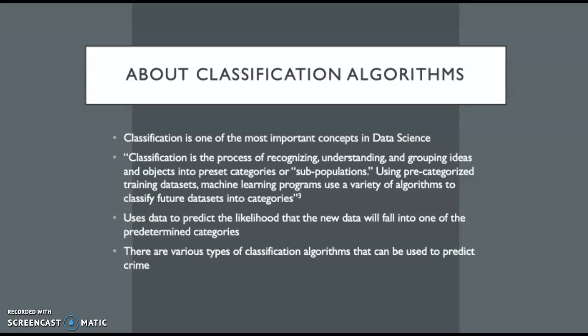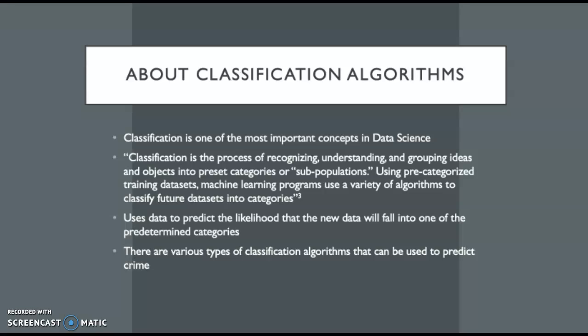Using pre-categorized training databases, machine learning programs use a variety of algorithms to classify future data sets into these categories, kind of how I mentioned in the last slide. It uses data to predict the likelihood that new data will fall into one of the predetermined categories. So old data helps to sort the new data.